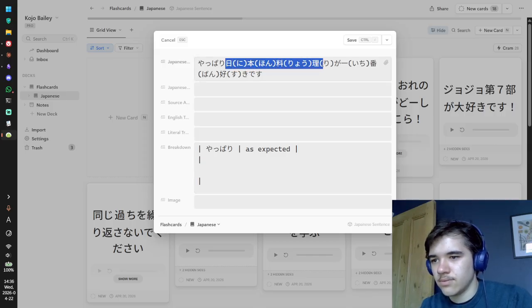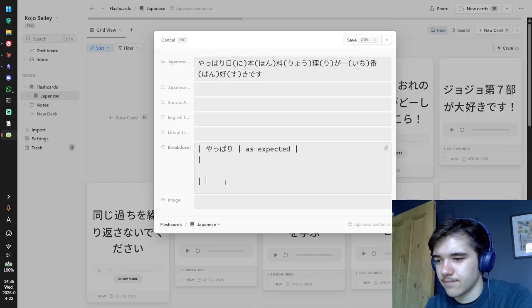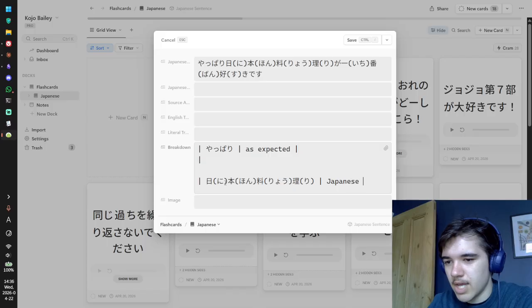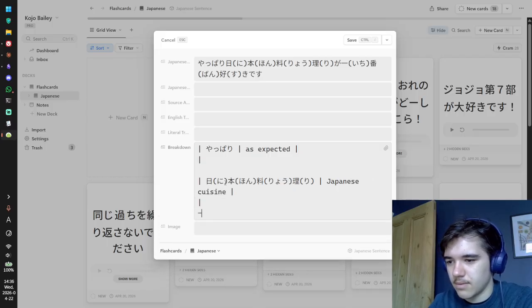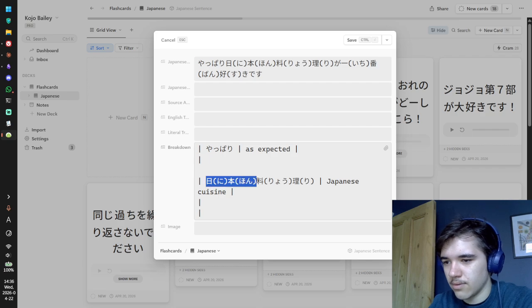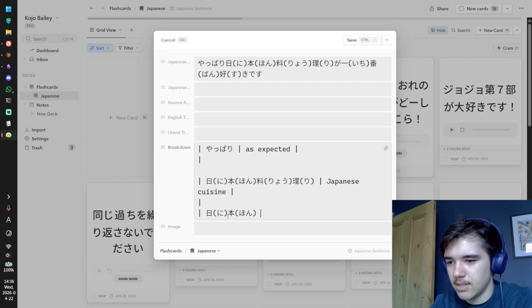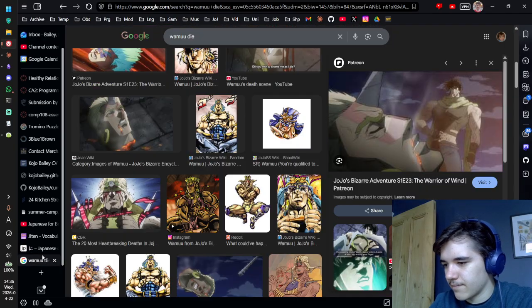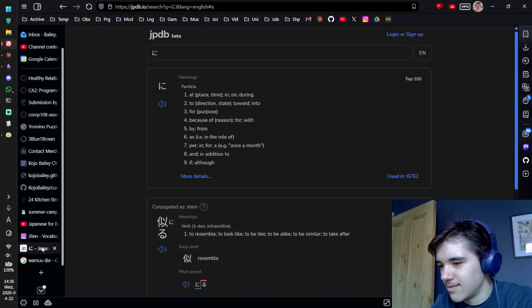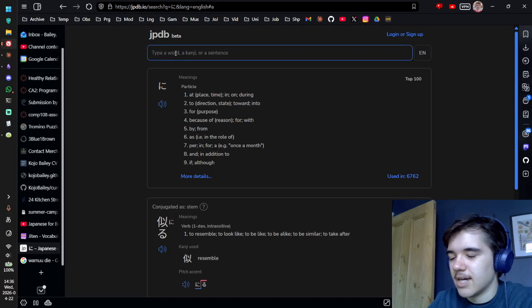Nihon no ryori, Japanese cuisine, with Nihon meaning Japan again. And ryori, why would die? Much like death there. That's weird.